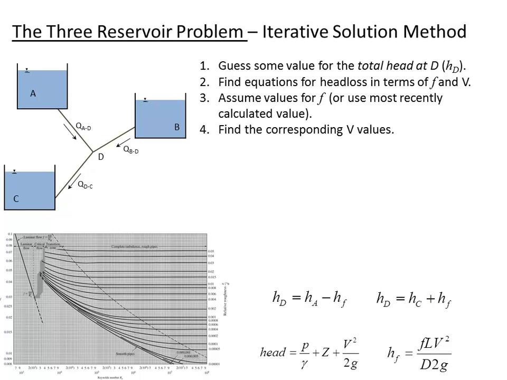So maybe one smart technique for guessing the F value is, in this first estimation, to use the relative roughness. Assume maybe we're in the fully turbulent zone to begin with. That would give you a starting point for what F to use. So once you know F, and you know how much head loss there has to be, if you've assumed some certain head at D, then that'll allow you to find the velocity.